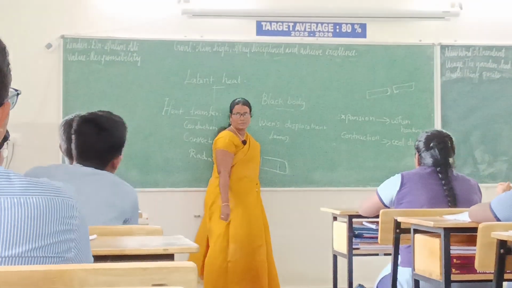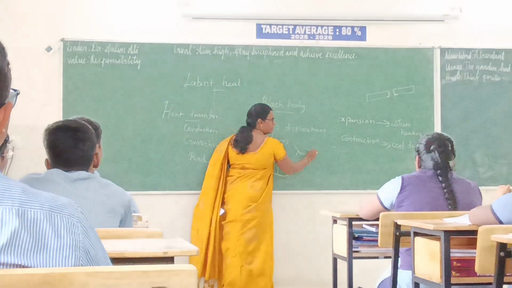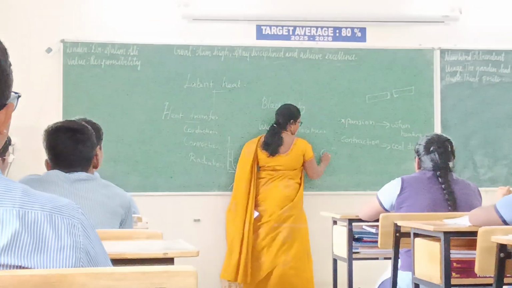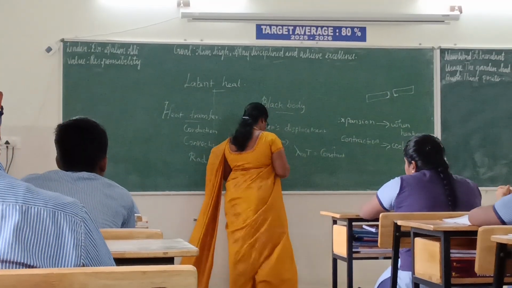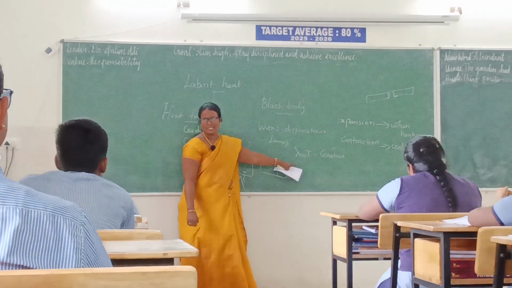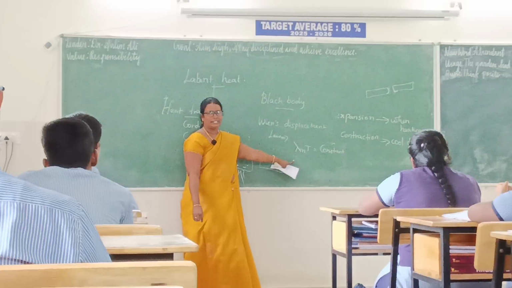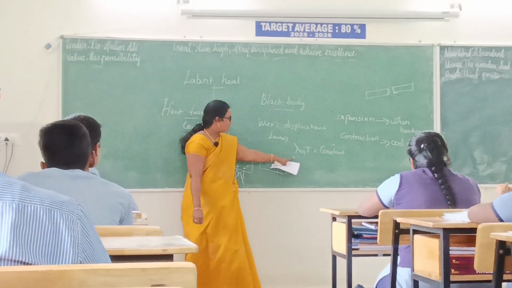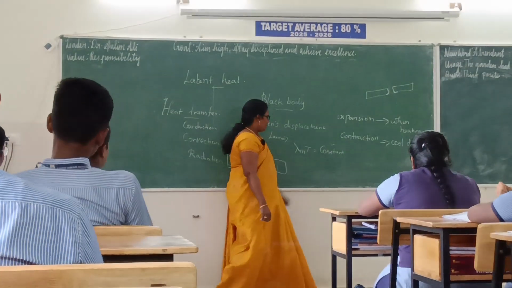What is that? Lambda m into T is equal to constant. Lambda m is nothing but the wavelength of the radiation, T is the temperature, which is equal to a constant. Okay.